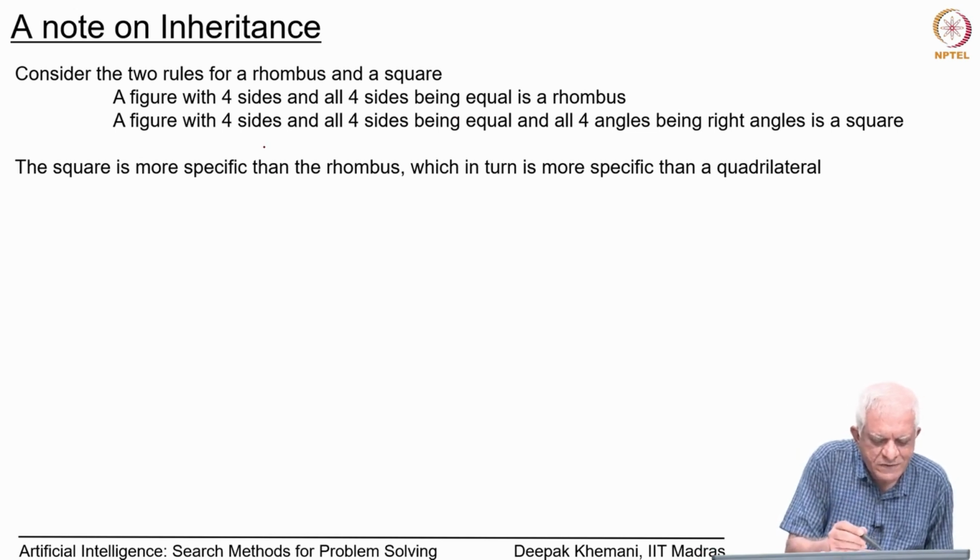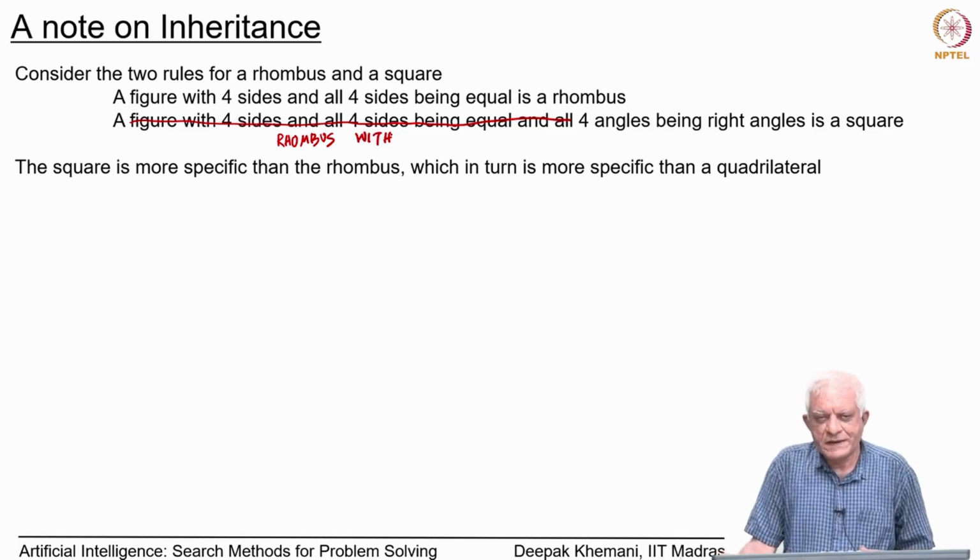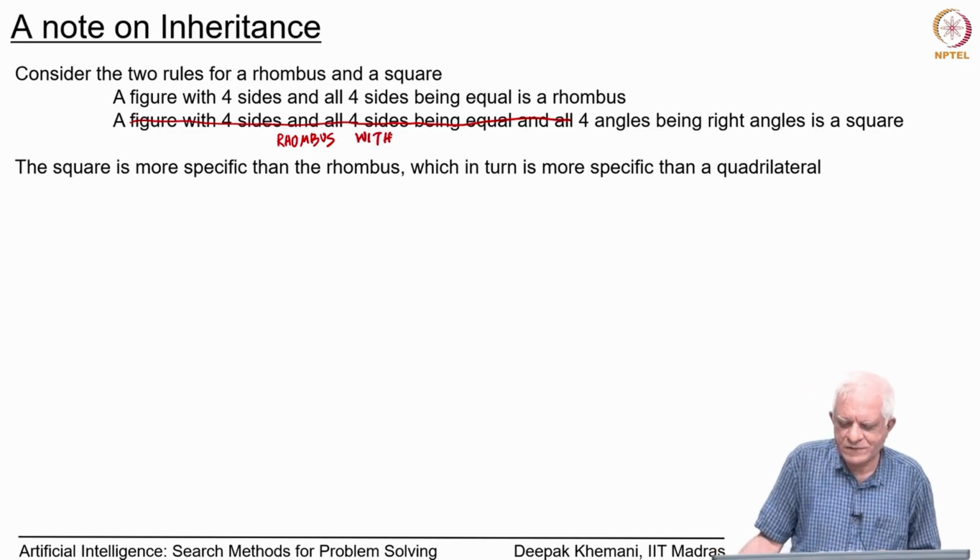in some language, if I could describe it, I could have replaced this part and replaced it by saying a rhombus with 4 angles being right angles is a square. I could have said that as well.